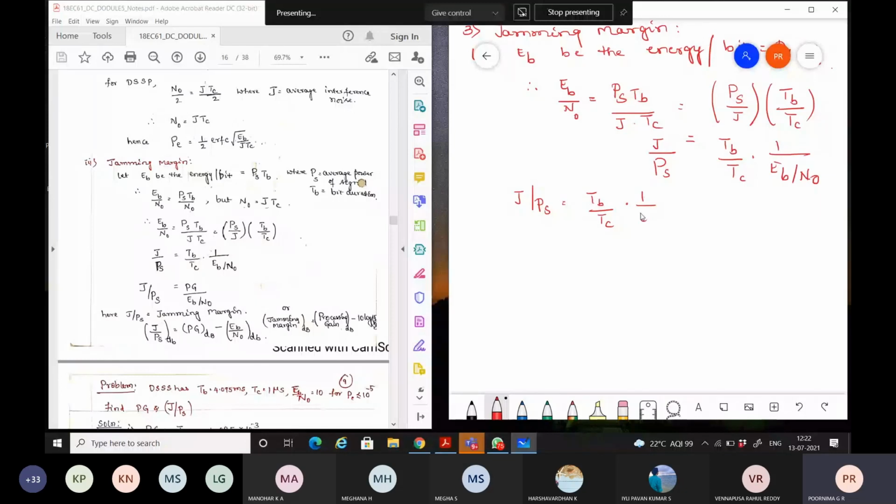Here, what is this J by PS? It is the jamming margin.